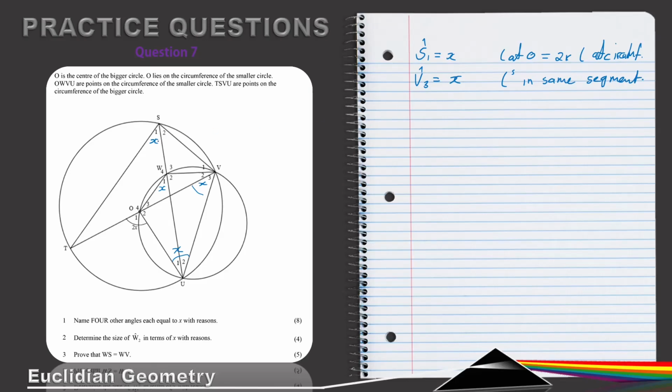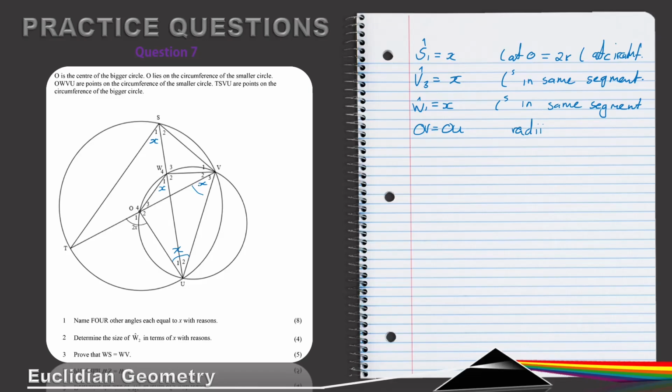Okay, then we can also say that W1 is x, also angles in the same segment. That just happens now in the smaller circle instead of the bigger circle. And then finally we can say that OV is equal to OU, and that is the radii.